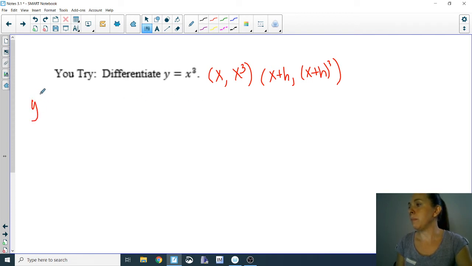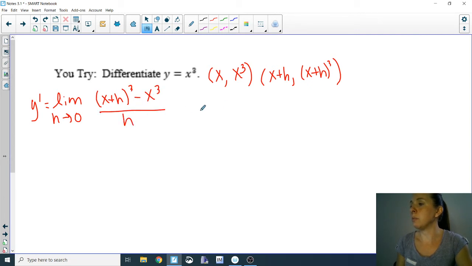I'm going to write it as y prime just because this is identified as y up here, is the limit as h approaches 0 of the slope, y2 minus y1 over x2 minus x1, which would go to h.